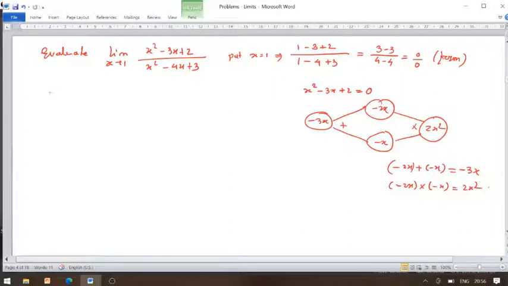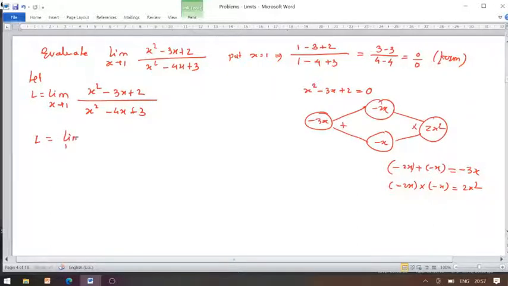So we have the factors for the numerator. Let L be the given limit as x tends to 1 of x square minus 3x plus 2 divided by x square minus 4x plus 3. So we have the factors for the numerator: limit as x tends to 1 of x minus 2 into x minus 1, the whole divided by.